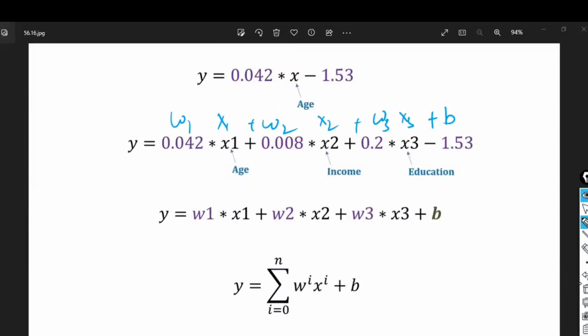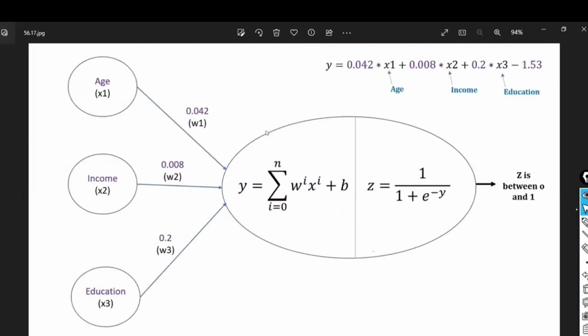So in order to calculate the y, you require the 3 values. Once you calculate, you substitute here and send this information to the activation function, which will process it and then send it to the output.